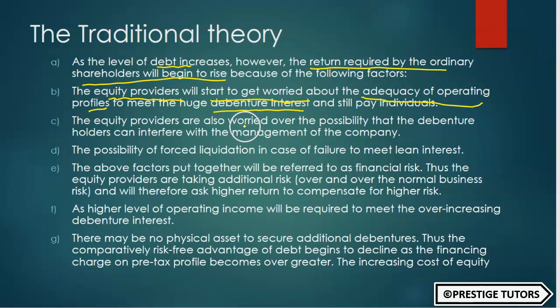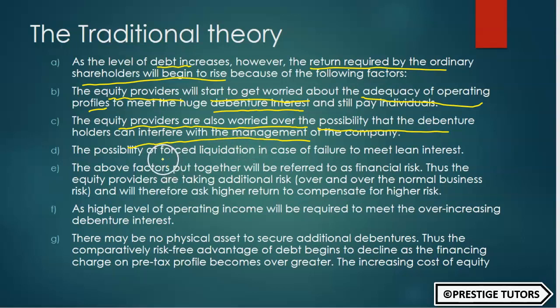Equity providers will also become worried over the possibility that the debenture holders can interfere with the management. There's no equity holder that wants to dilute their interest. They want to be in charge. They want to control the business. But the more you take debt, the more you are watering down their control.